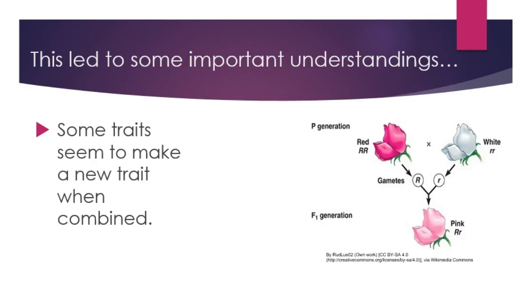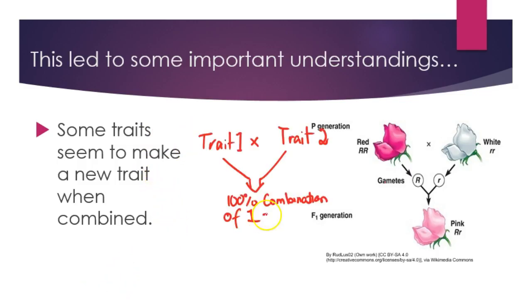Then we had the observation that when you mix some traits, they'll actually make a new trait combined. So the pattern here is quite simple. When you combine trait 1 and 2, you get 100% of 1 and 2 combined in a new trait. We say that that's incomplete dominance.